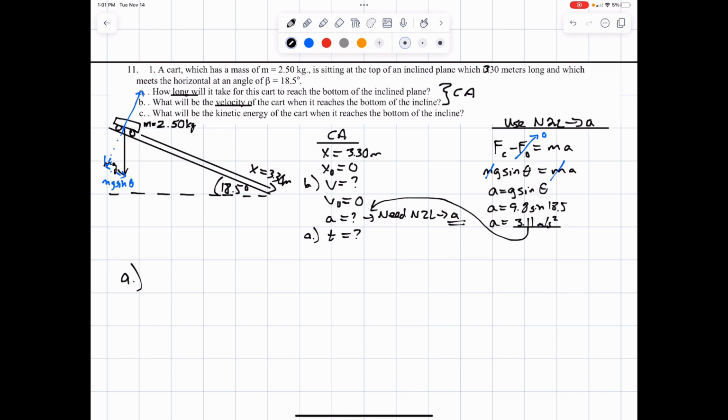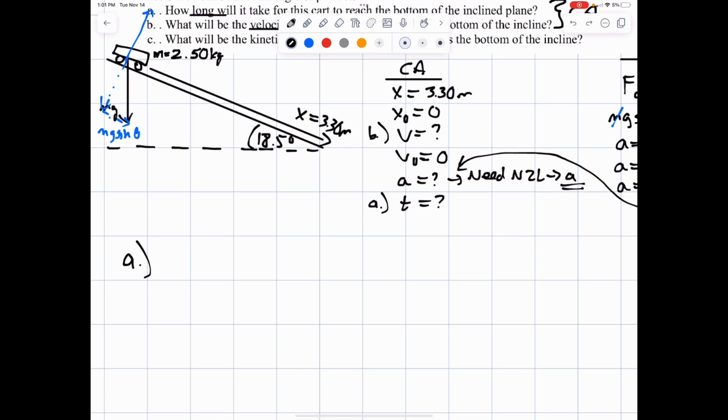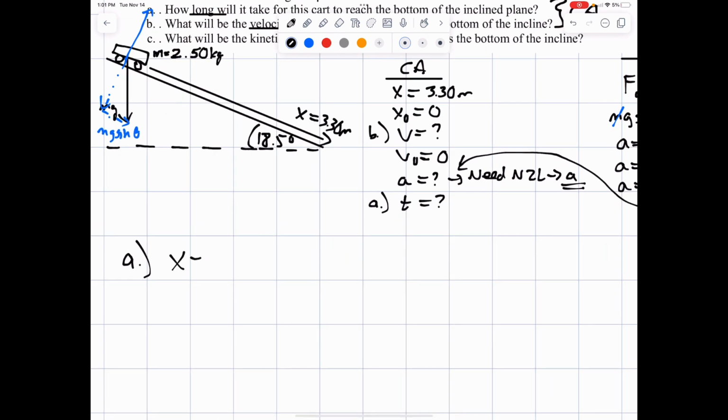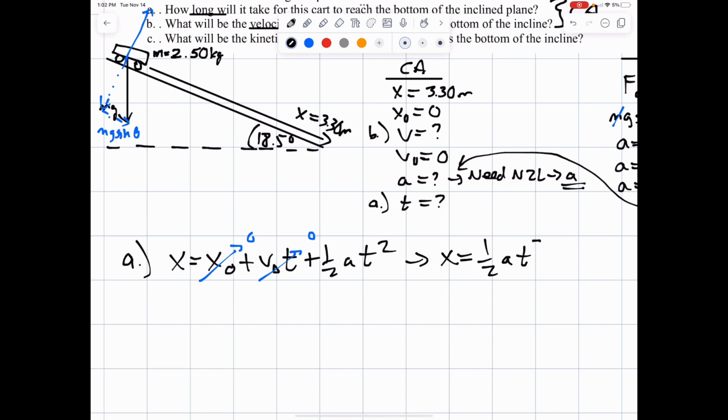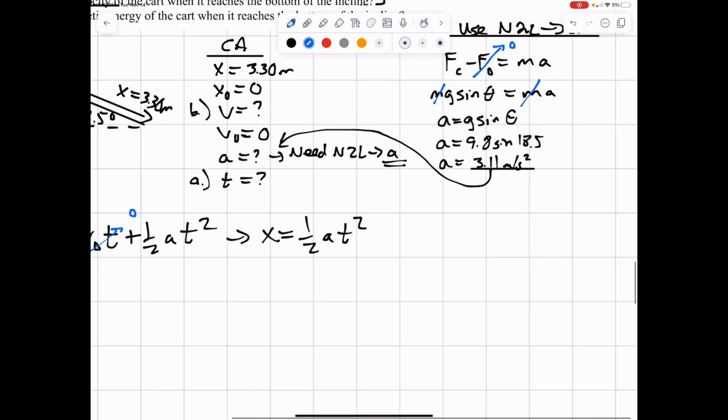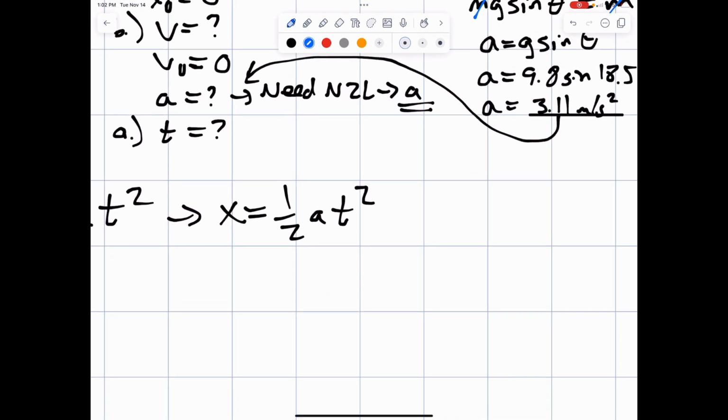So to look for time, I'm looking for probably an equation that has position as a function of time. That would be this equation here. X naught is 0, v naught t is 0. So we have x equals 1/2 at squared. Remember, to solve for time, it's going to take 3 steps.